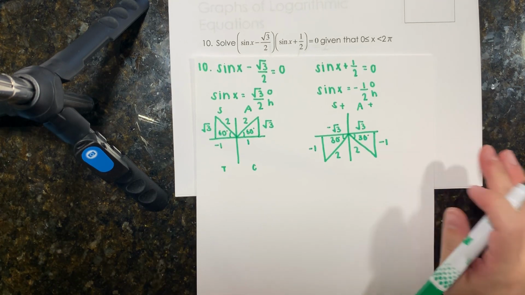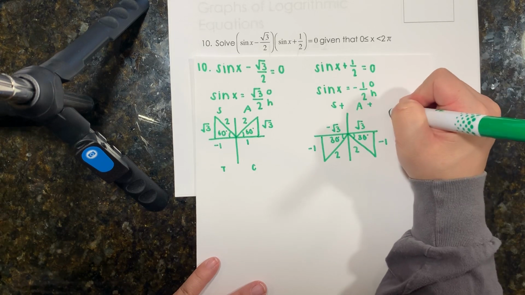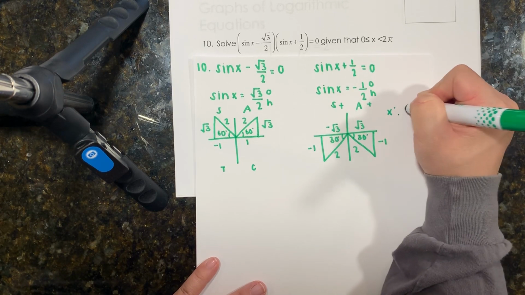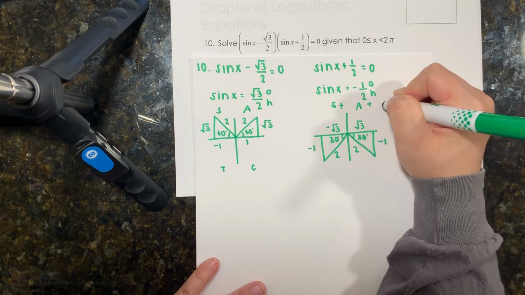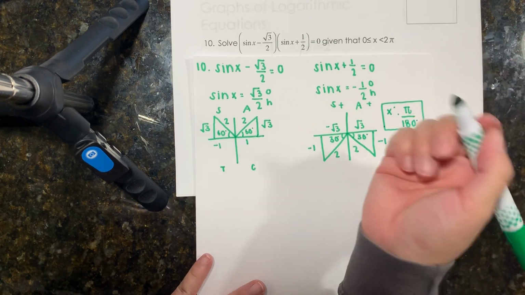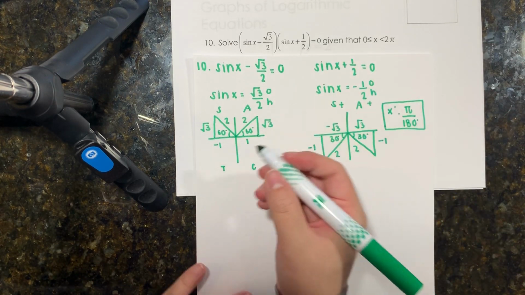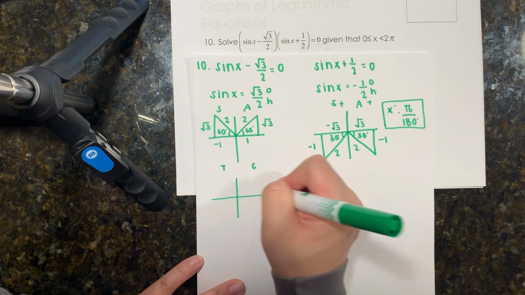So now to write my answer, if you find the degrees, you can multiply your degrees, so x degrees times pi over 180 degrees. This converts it. But I want to practice this in radians, so I know that I can fit 3 60-degree measures between 0 and 180.